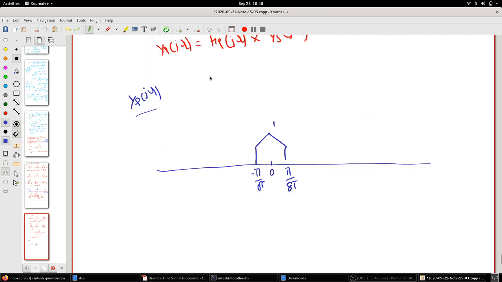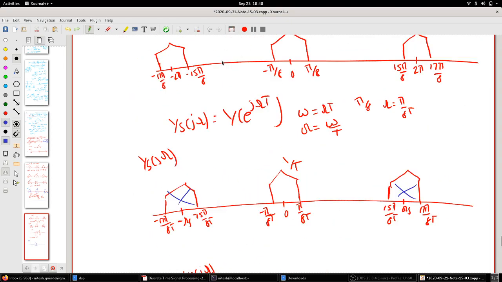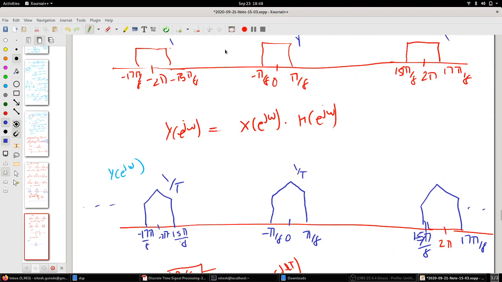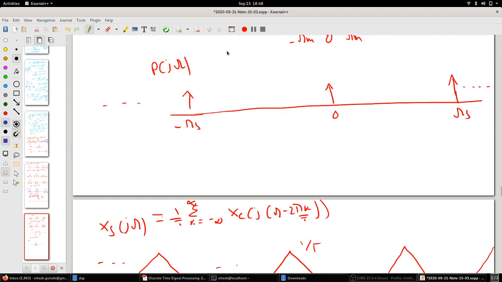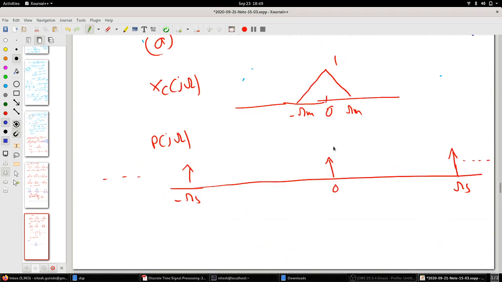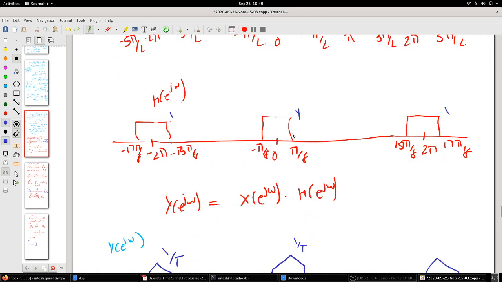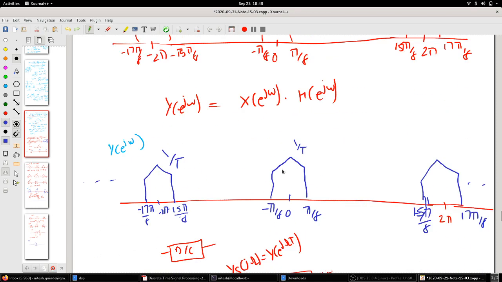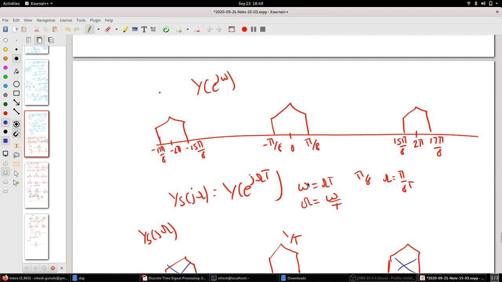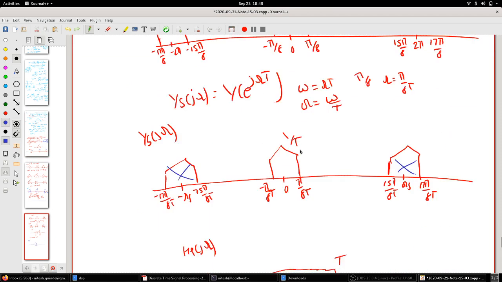Clear? One correction: in the P of j omega I hadn't mentioned the factor. This amplitude is 2 pi by t, then this is 1 by t, and this H of e raised to j omega is 1, this 1 by t, and this is 1 by t again, and so on.